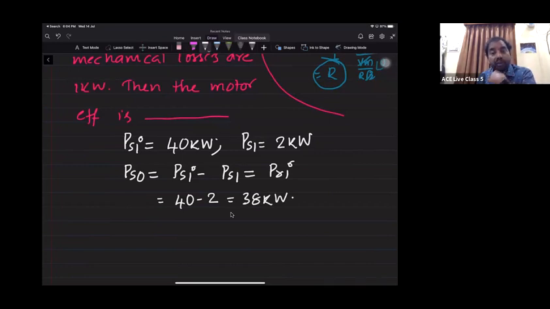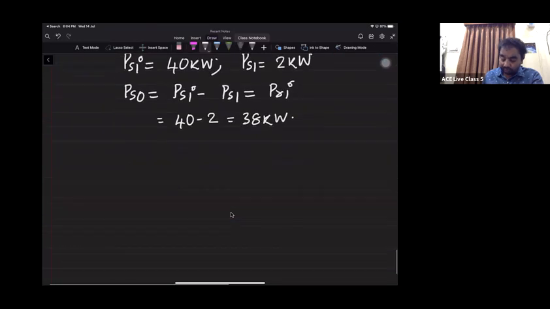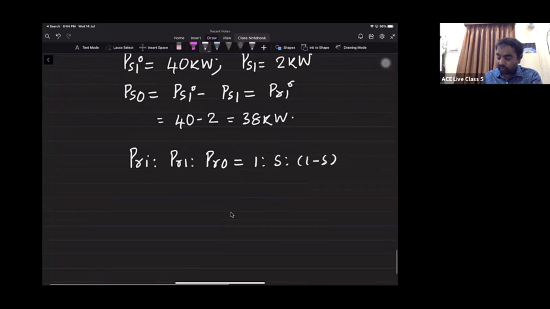But there is no information given about the rotor losses. When there is no information given, it doesn't mean that the rotor losses are neglected, right? You have to use some formula. What is that? Rotor input : rotor losses : rotor output is equal to 1 : s : (1 minus s).